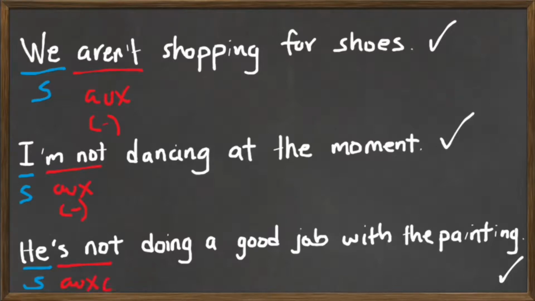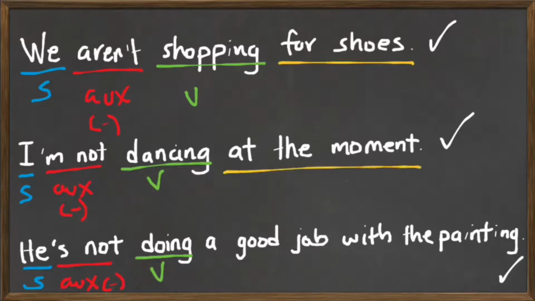Auxiliary in negative. And a verb plus ing, let's see if it's there. Yes, we have shopping, dancing, and doing. And as usual, we also have a complement in all the examples: for shoes, at the moment, and a good job with the painting.